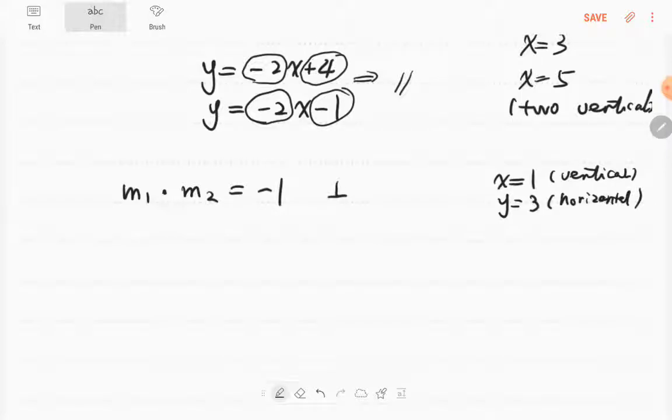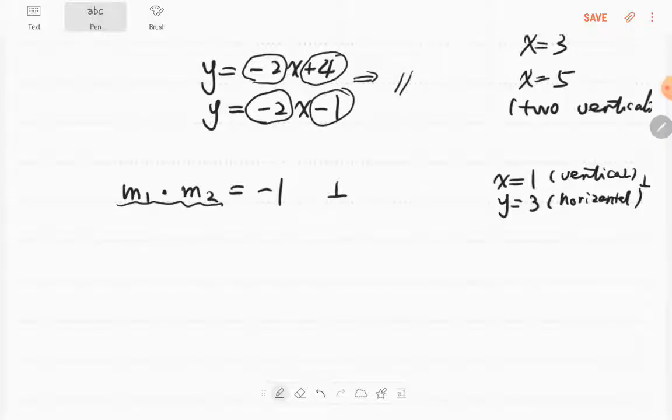These two are, of course, perpendicular to each other. One has zero slope, another one has no slope. This is the special case. In the general case, we have the slope for both lines, so the product of these two slopes is equal to -1. Then we can say they're perpendicular to each other.